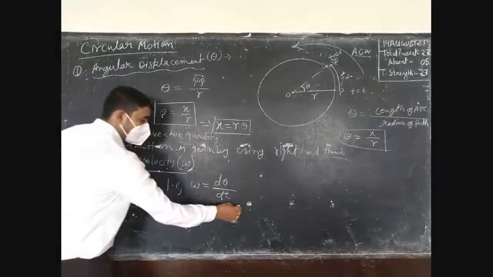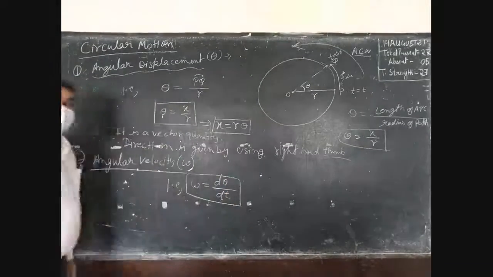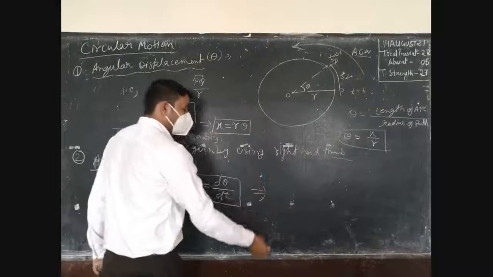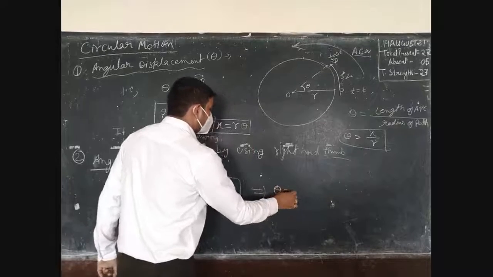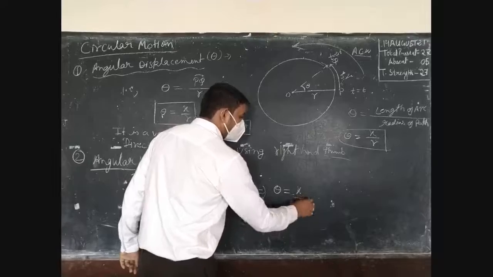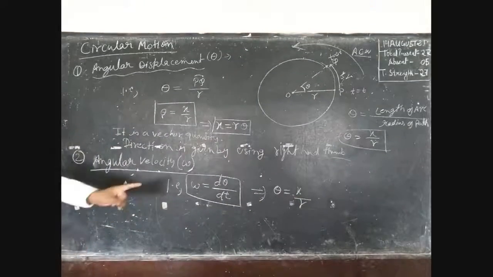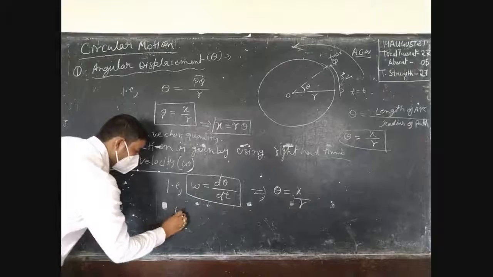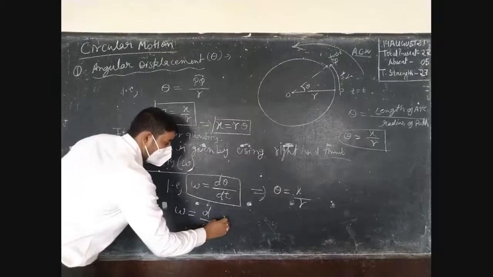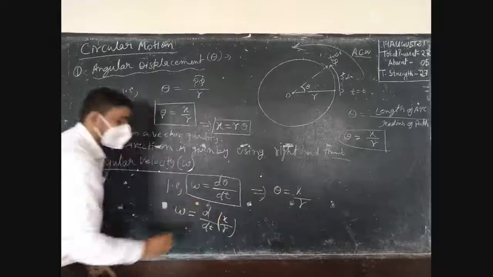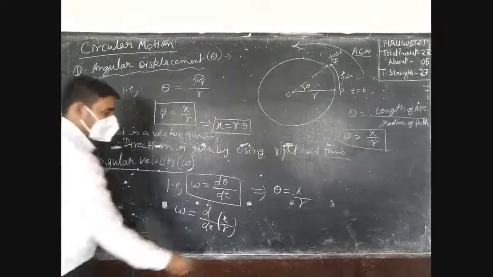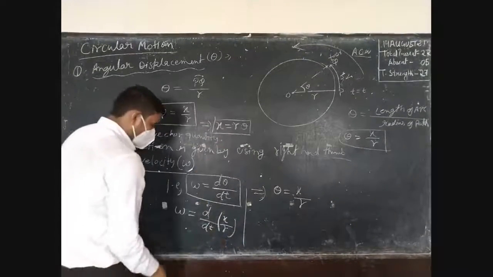Now what is theta? From displacement we get theta is equal to x upon r. By using this relation we get omega equal to d over dt of x upon r. Now this r is constant for the rotation of the particle across the circle.